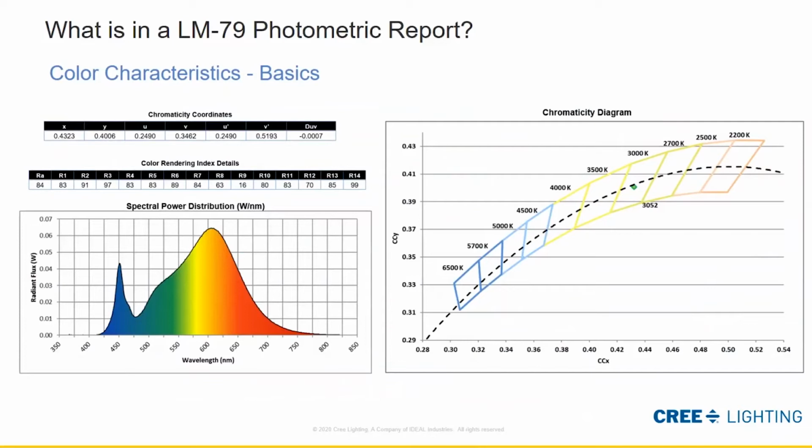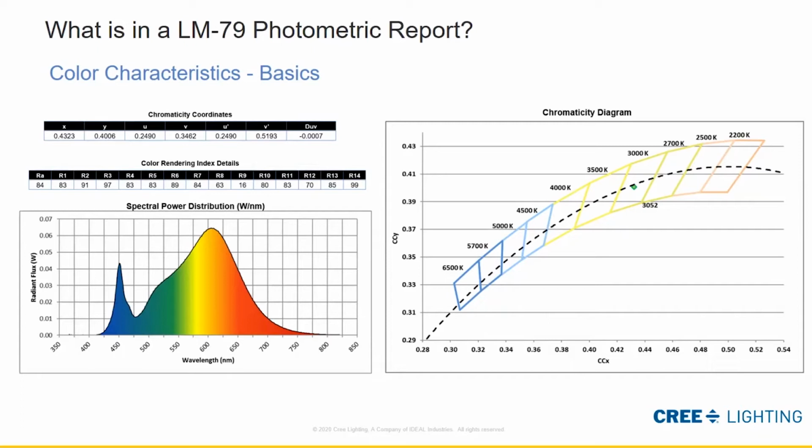And then on the right, you can see how those color coordinates are plotted out, showing CCx, CCy as x, y. And you can see the black body curve. That's the perfect white light, if you will. And you can see how close that green dot, the particular luminaire we're looking at here, is right on that black body curve.